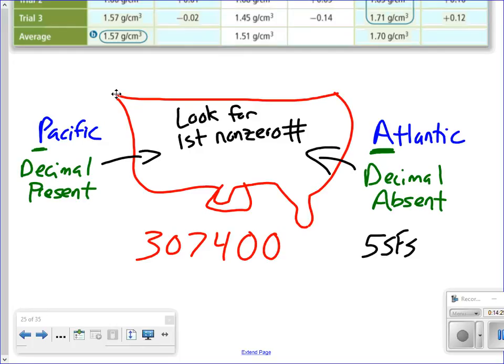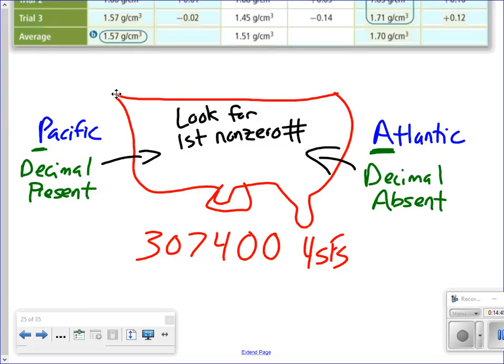Atlantic, I'm moving inland. What's my first non-zero number? 4. Everything after that, we're moving this way though. Everything after that is significant. How many? 6 4, 6 8. Very nice. 4, 6 8 for this one. Think you got it? Yes.